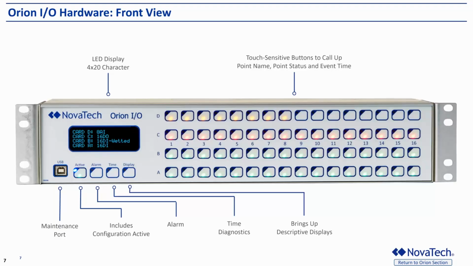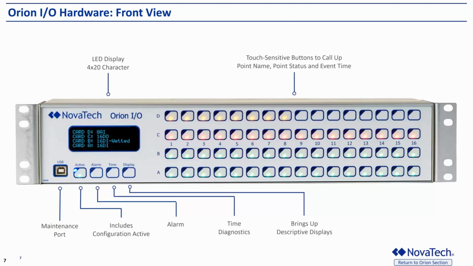The display button there allows the user to see what kind of cards are populated into the different slots, as you can see there. If you hit it a second time, the LED display will actually display the firmware, the serial number, and the configuration file that's loaded onto the Orion that's activated.